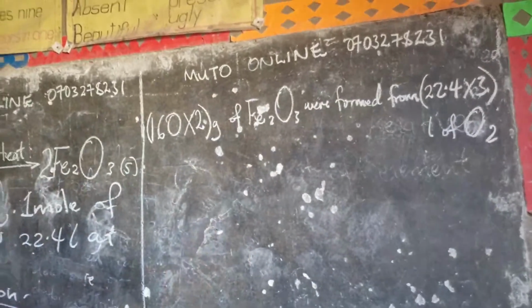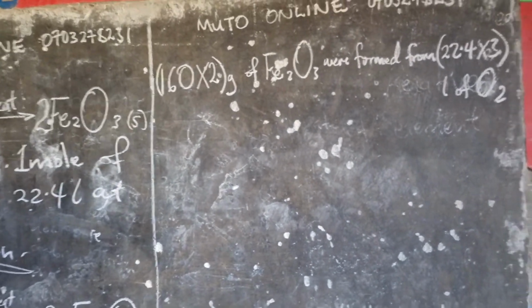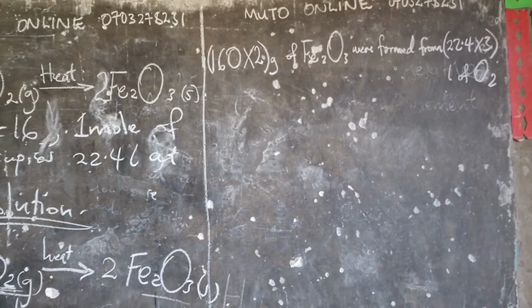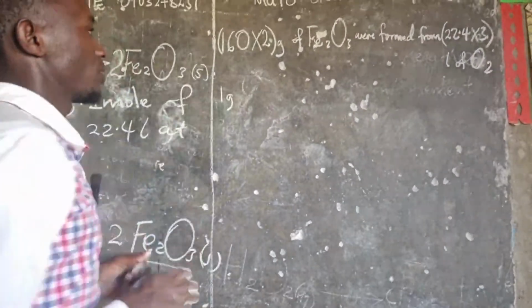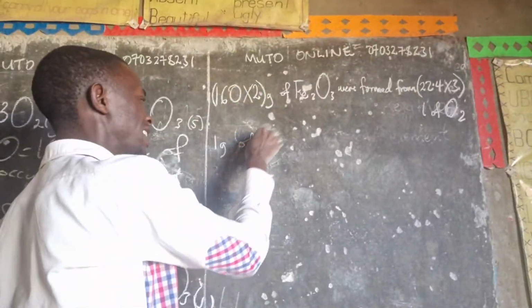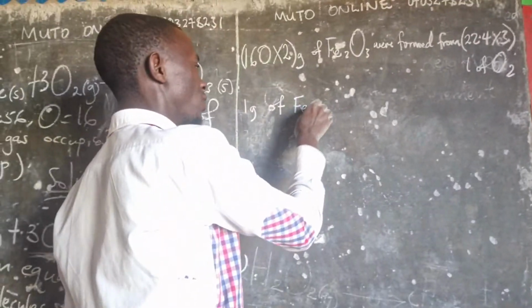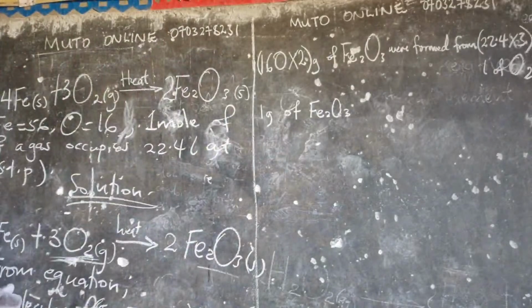when heated with iron. Write a complete statement. So how about 1 gram? For 1 gram of what? Iron 3 oxide. We are calculating using stoichiometric equations.